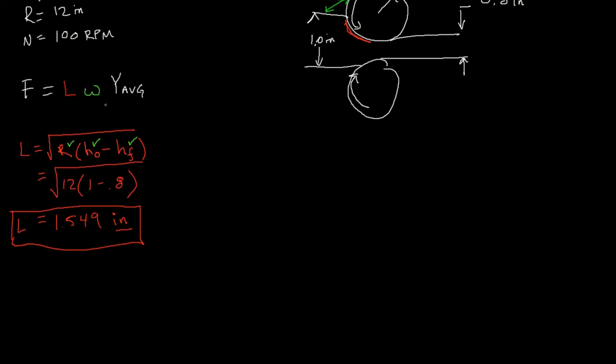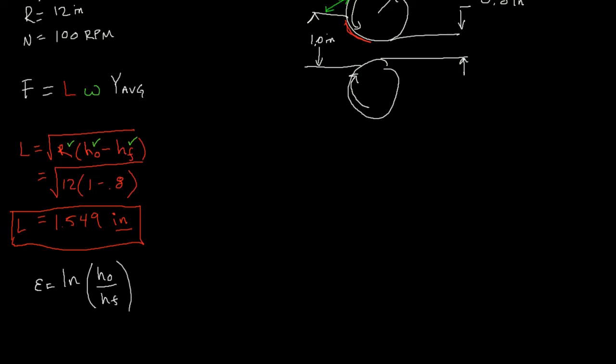We just need to figure out our true average stress. To find that calculation, we have to determine our true strain. From our previous video, epsilon, our true strain, is equal to ln of h, the thickness of our original shape over the thickness of the final shape.